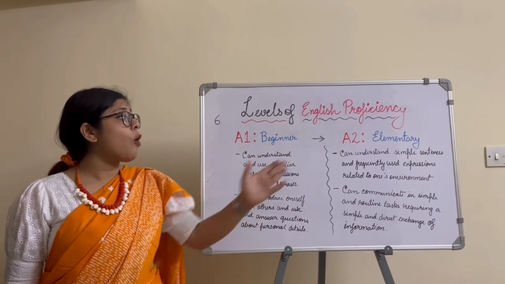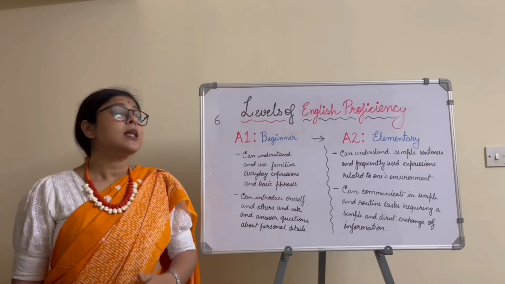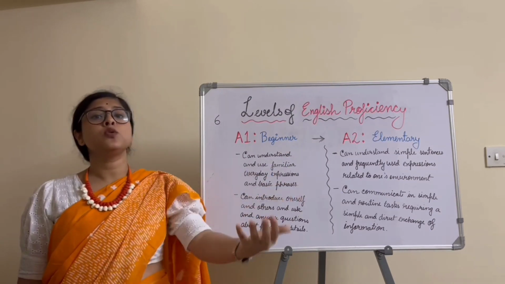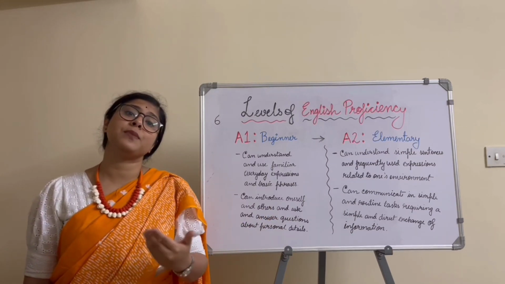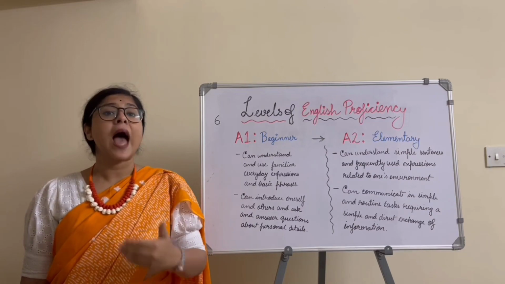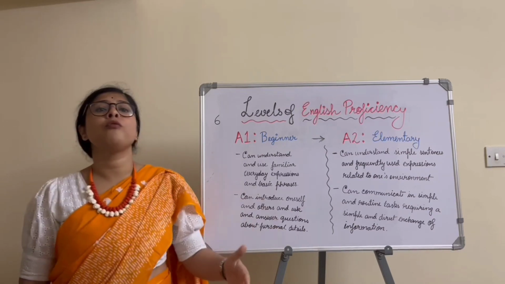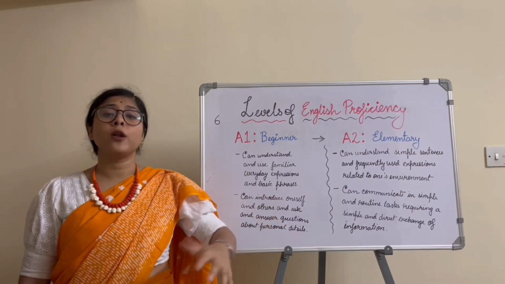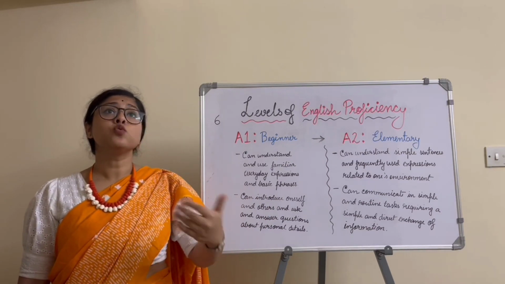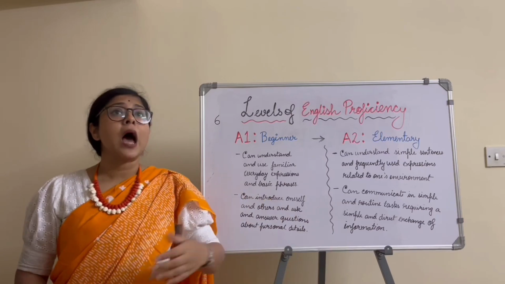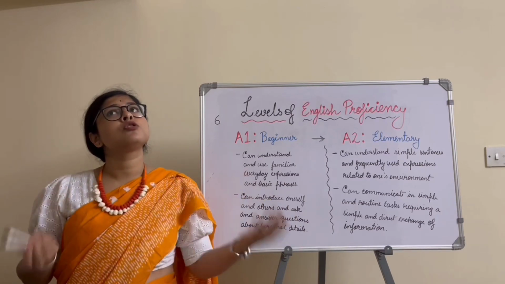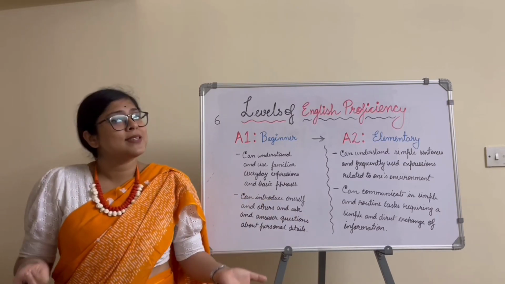Again, the drawback of the A2 level would be that when you listen to someone or when you read something which is using complex structures and which are out of your knowledge domain. For example, a school student is maybe watching a web series which is talking about maybe the corporate sector.